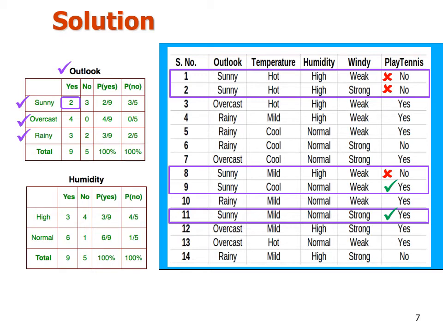Here my yj values are yes and no. So probability for yes and probability of no.